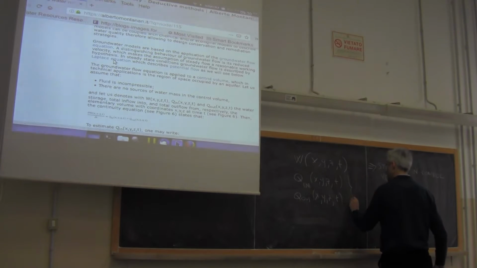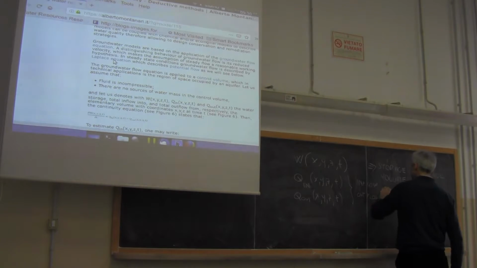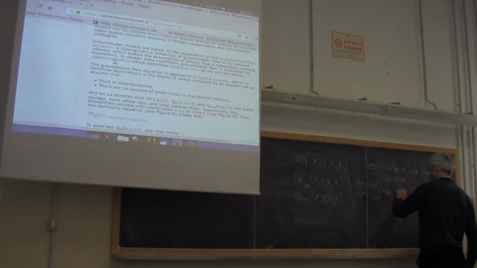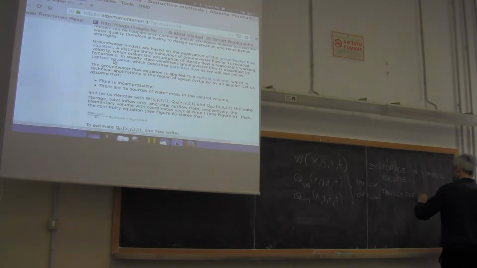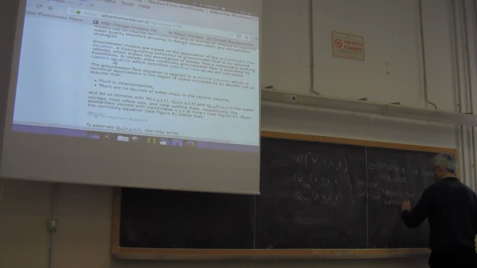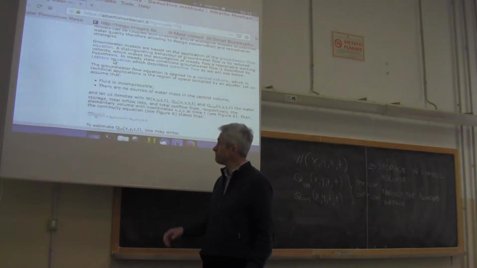These are inflow and outflow through the boundary surface of the control volume. Okay, these are our symbols.